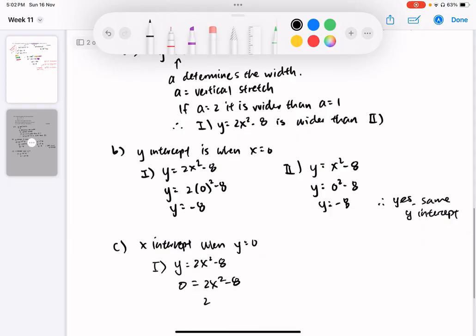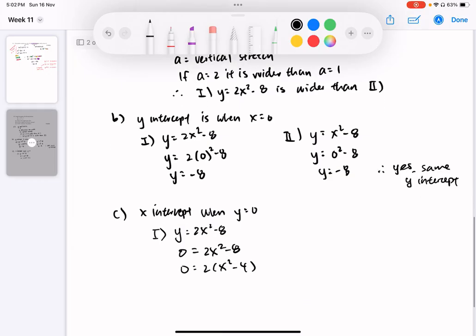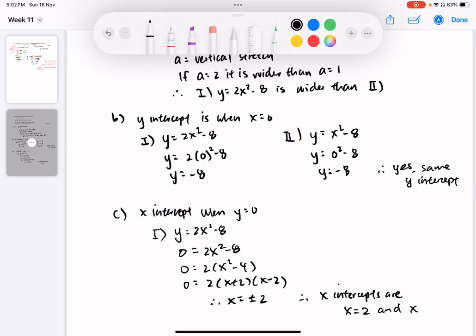We can factor out the 2. And this will be the difference of squares. Therefore, x will be plus or minus 2. So the x-intercepts are x equals 2 and x equals negative 2. And we're done.